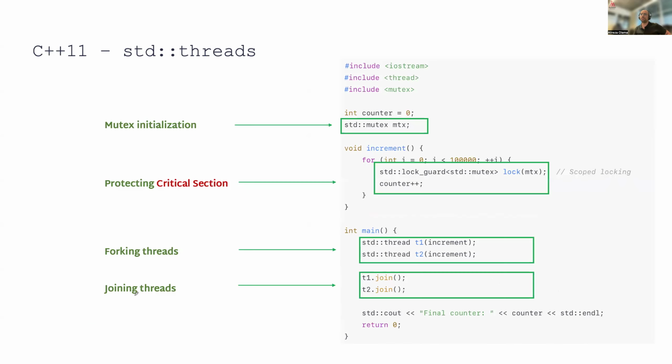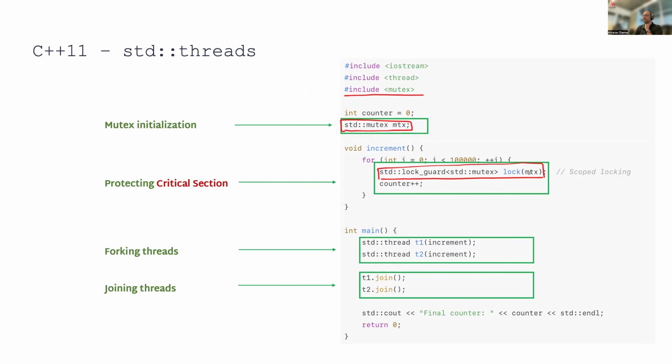Similar to pthreads, you can also have mutex locks here. So this is the same problem that we had before. Here I have this mutex declaration using std::mutex. But before that, you need to include the mutex header, right? And then you create this lock guard variable using your mutex, right?